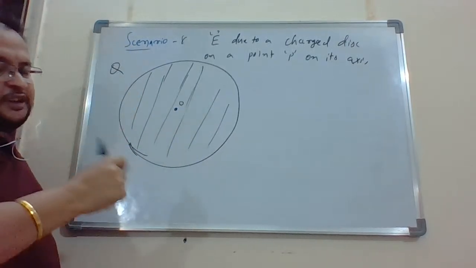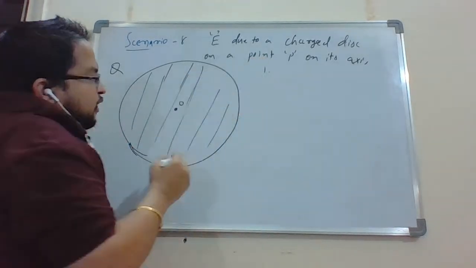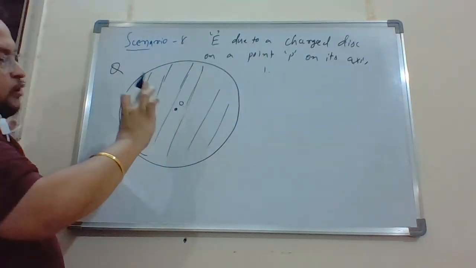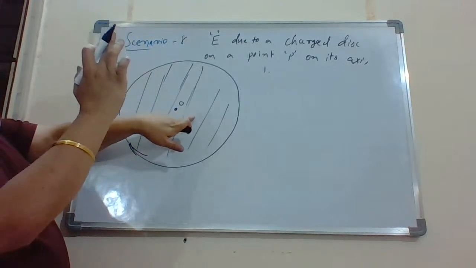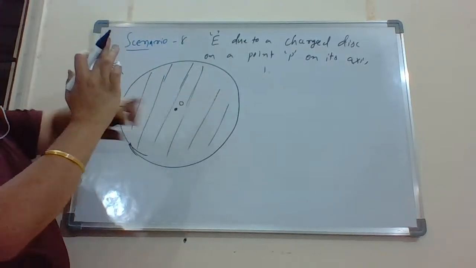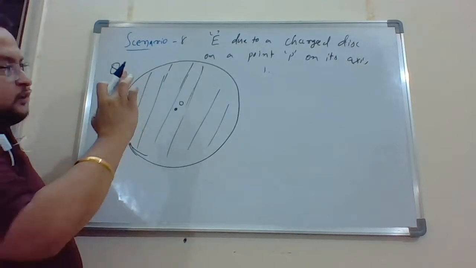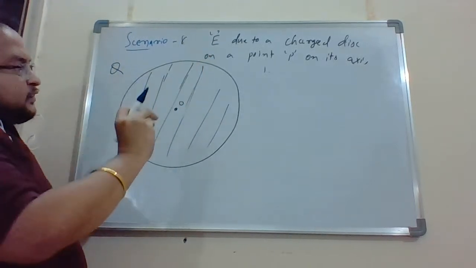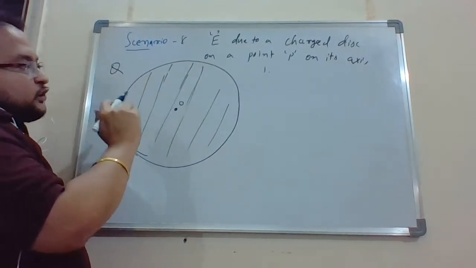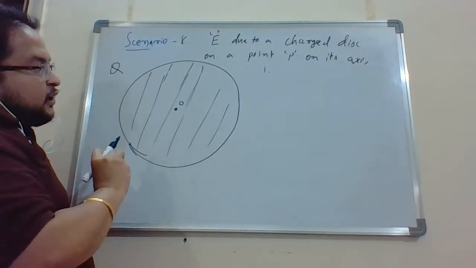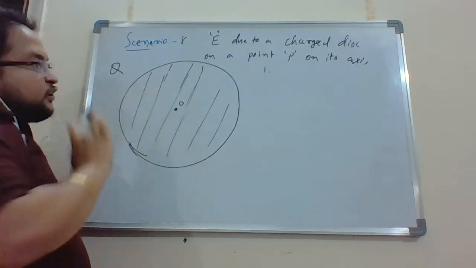Now let us go step by step. Step number one, can I directly apply Coulomb's law? Obviously not, because the distance of this particle from here, this particle from here, this particle from here, everything would be different. So I cannot directly apply it. Next, the simple solution is to find an interval which can solve this problem.